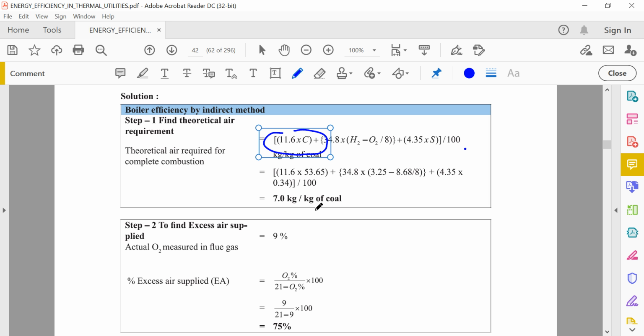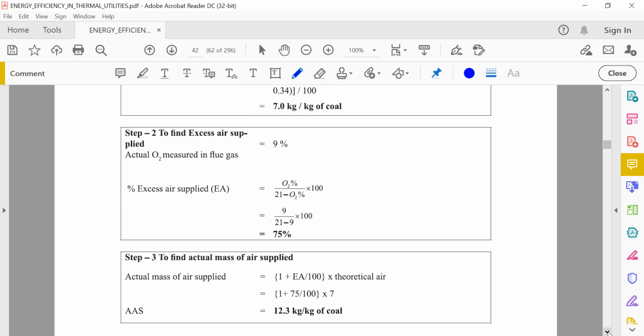Basically, it is not possible to burn 100% of fuel with theoretical air due to improper mixtures, because it is not possible to mix 100% uniform mixture of fuel and air. So this means we need to have some excess air to achieve the perfect combustion.